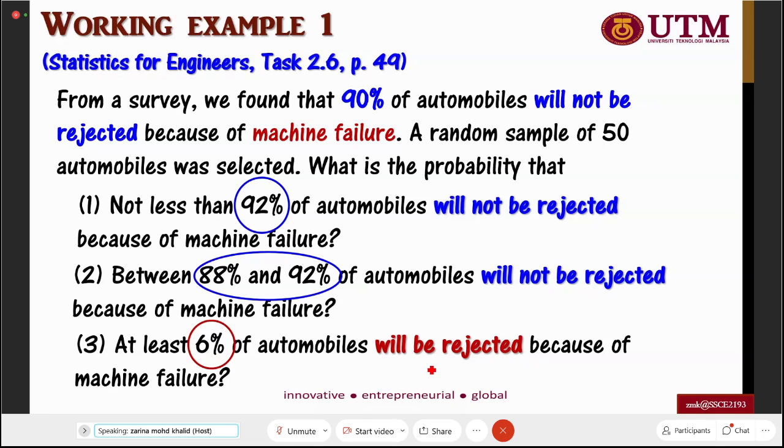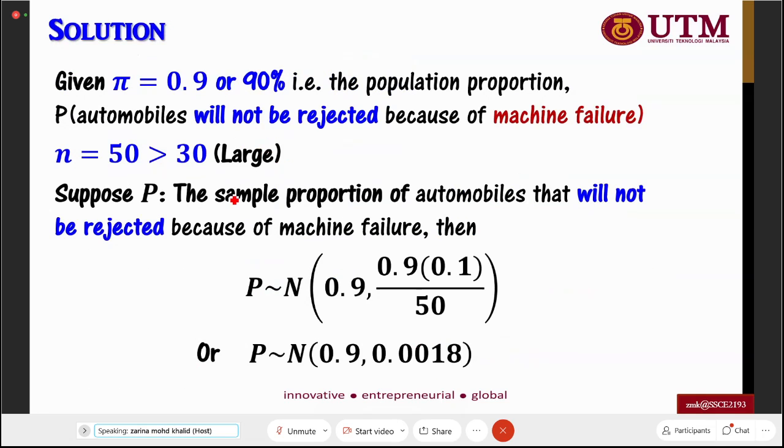So you can use pi in p. So pi and p has to be consistent. Okay. So p here is the sample proportion of those which are not rejected. So you use the pi value here and get the variance pi times 1 minus pi over n. So use this distribution to solve number 1.